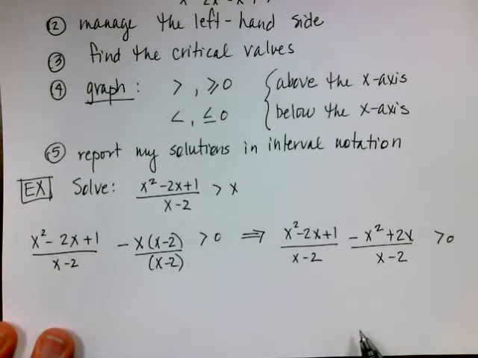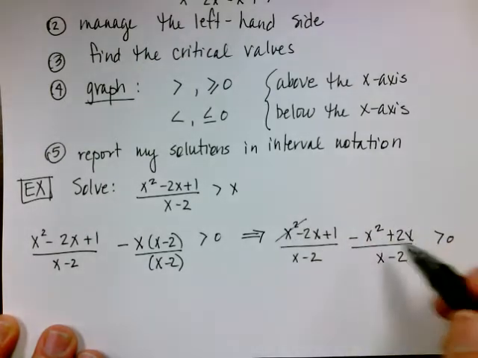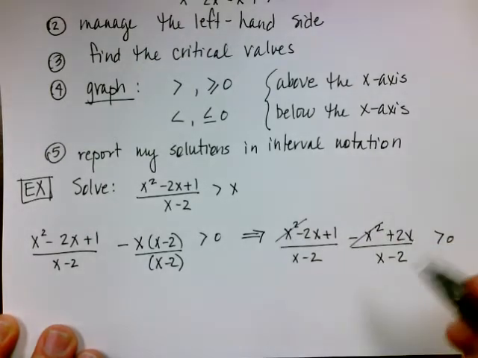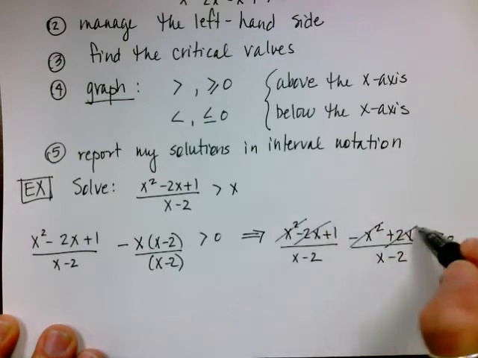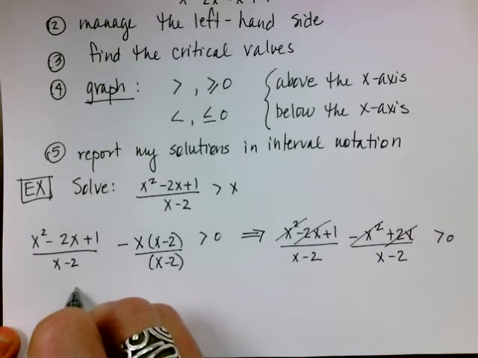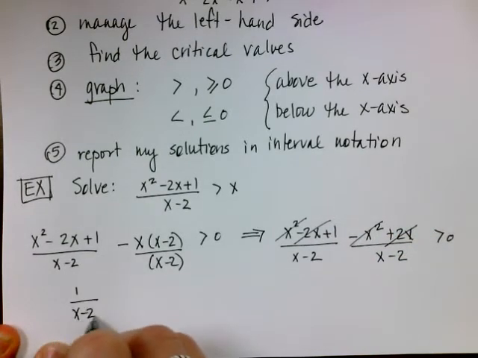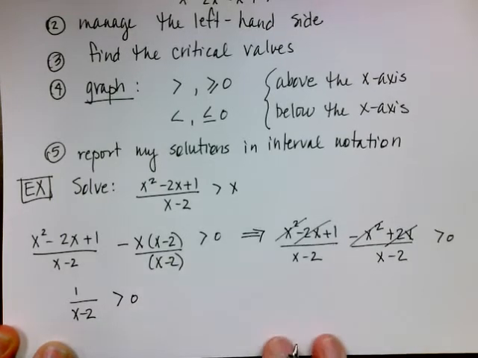So now I need to combine like terms. The x squareds go away, my 2x's go away, and I'm left with 1 over x minus 2 is greater than 0.